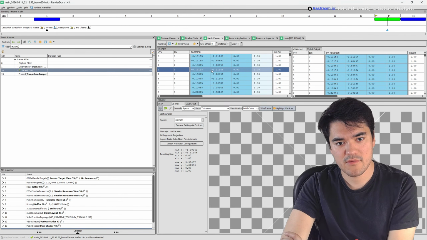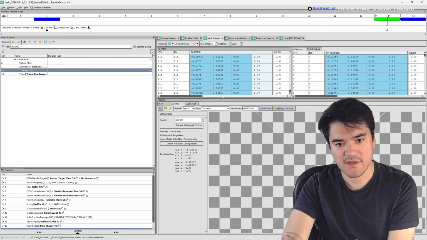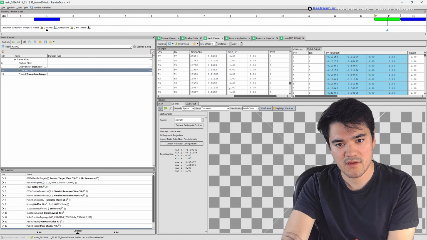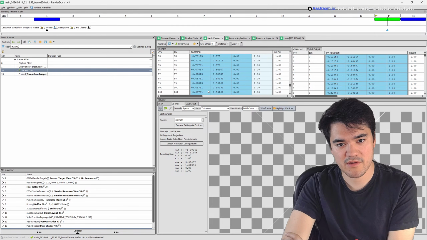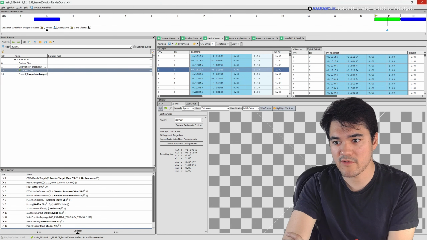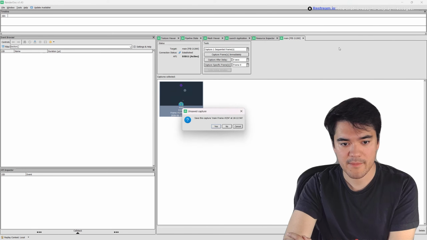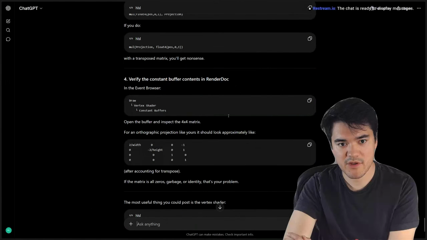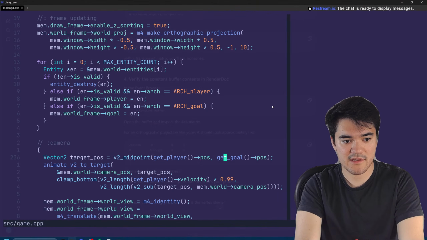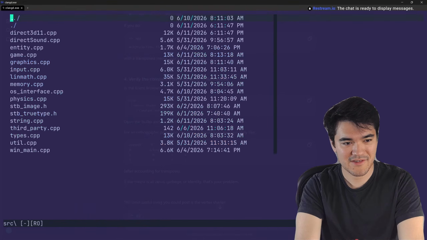We do have a couple of verts outside, so we're not scissoring correctly, but we are culling, clearly. We have nothing fully outside of the screen space. All right, I'm going to call that and say that looks good to me.